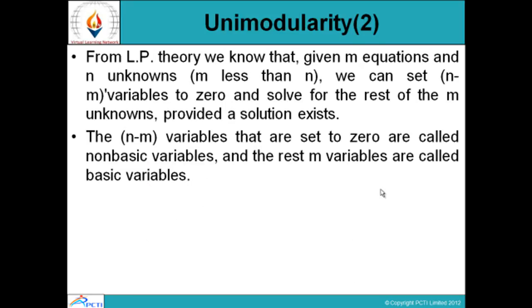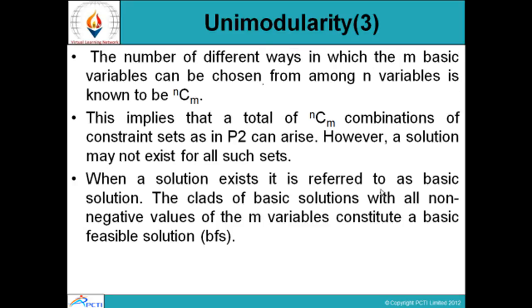From LP theory, we know that given m equations and n unknowns, m less than n, we can set n minus m variables to 0 and solve for the rest of the m unknowns, provided a solution exists. The n minus m variables that are set to 0 are called non-basic variables and the rest m variables are called basic variables. The number of different ways in which the m basic variables can be chosen from among n variables is known to be nCm, where C is a combination constant.